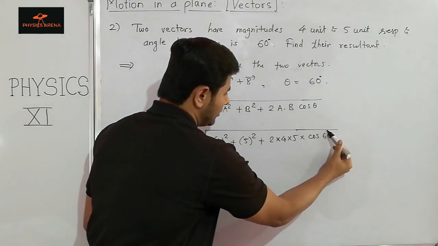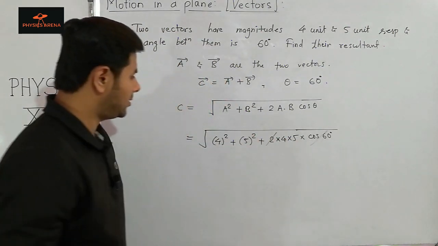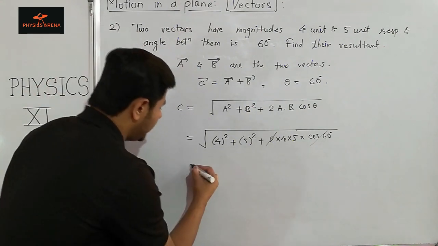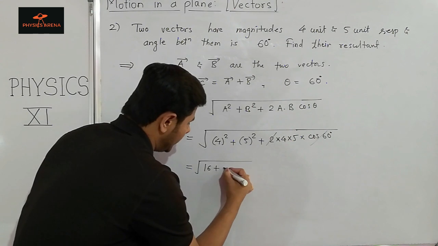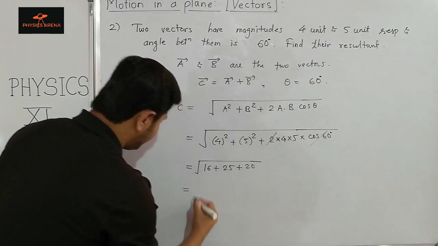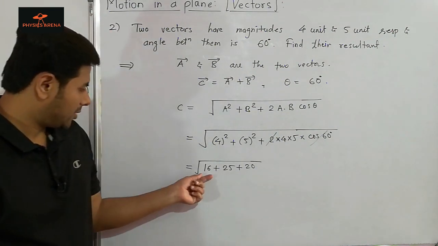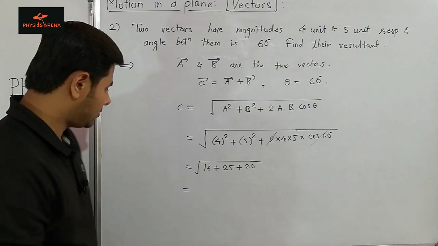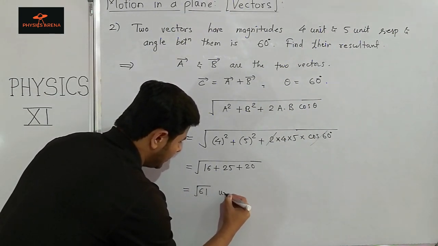So this cosine of 60, which is half, and this 2 gets cancelled. So we have 20 from there. 16 plus 5 squared is 25, plus 20 from that last term. So it is 45 plus 16, which I guess is 61. Square root of 61 units.